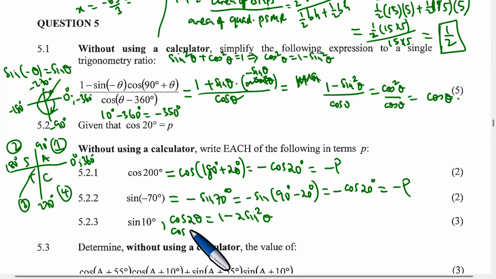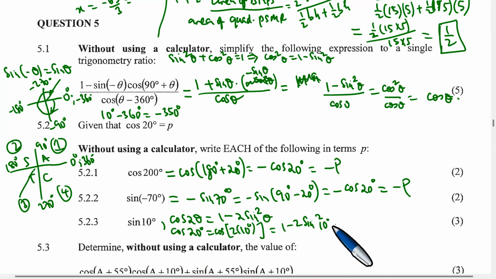So the cosine of 20 degrees is the same as cosine of 2 times 10 degrees, and therefore this is 1 minus 2 sine squared of 10 degrees.